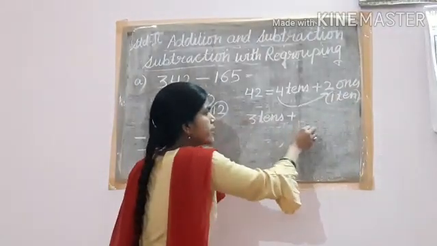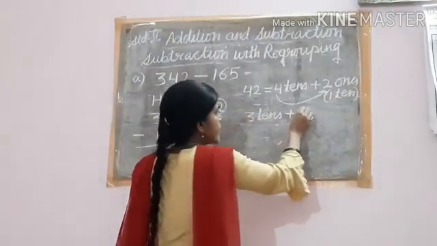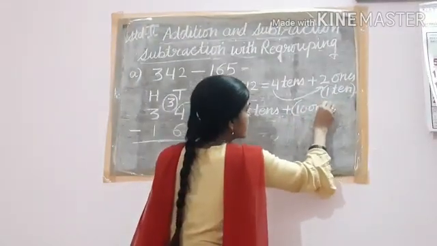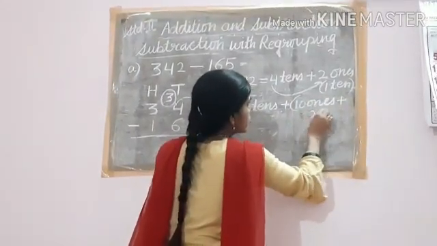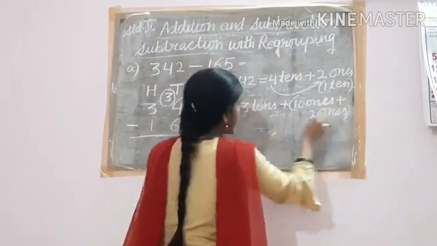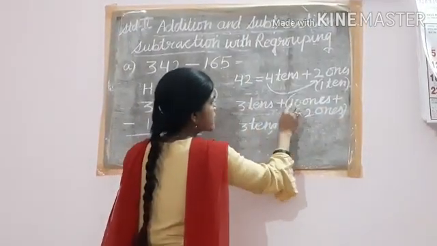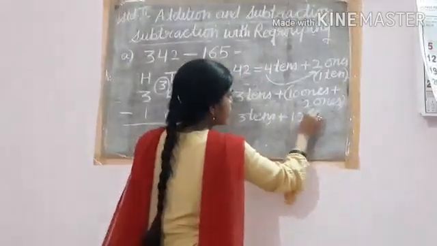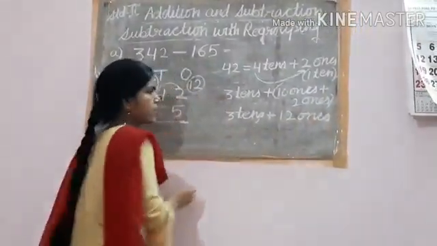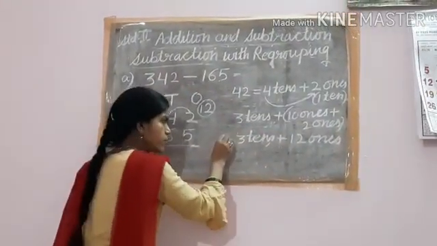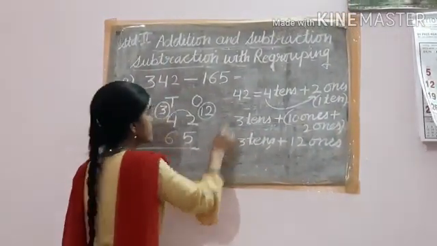And we know, children, 1 ten is equal to 10 ones. So I can write 10 ones plus 2 ones, that is 3 tens plus 12 ones.